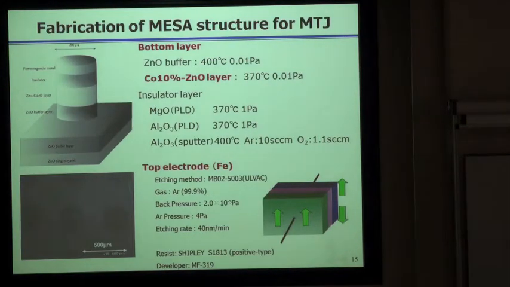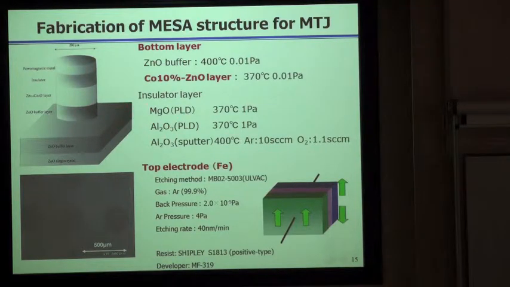And as one of the demonstrations, we formed these kinds of structures for demonstrating magnetic tunnel junctions, like these structures. In this case, the insulating layer, the barrier layer, is, for example, magnesium oxide or sapphire.